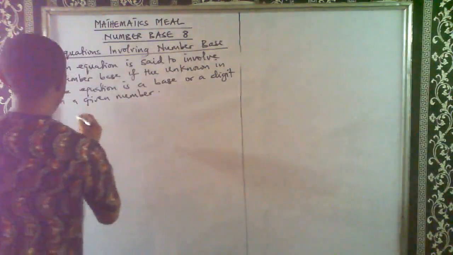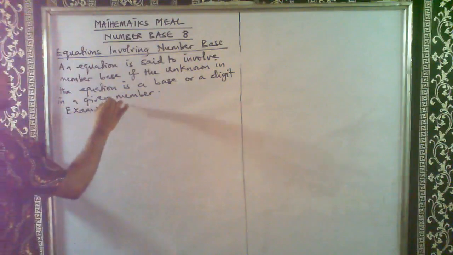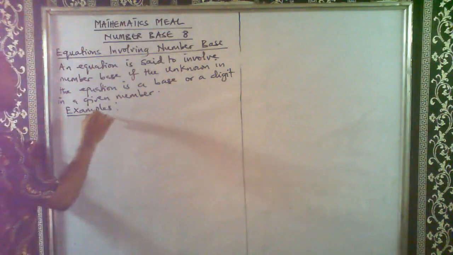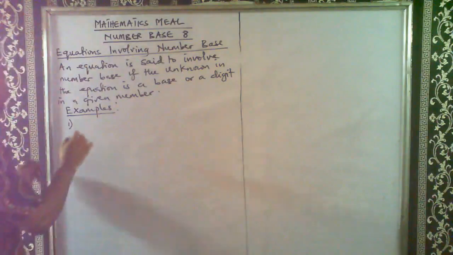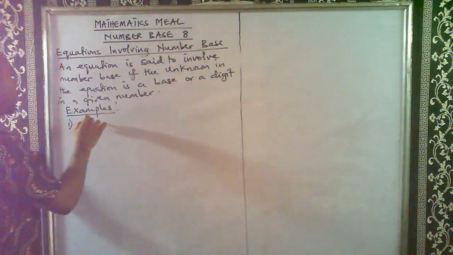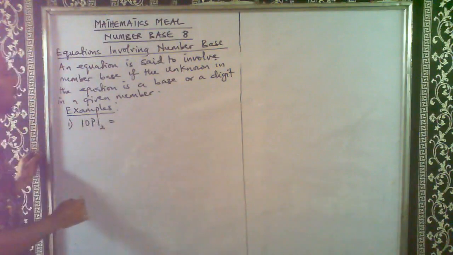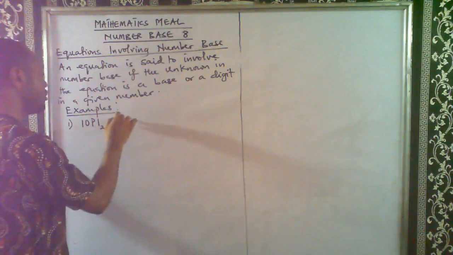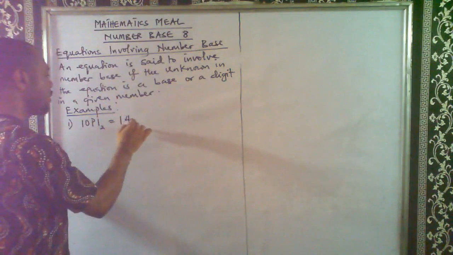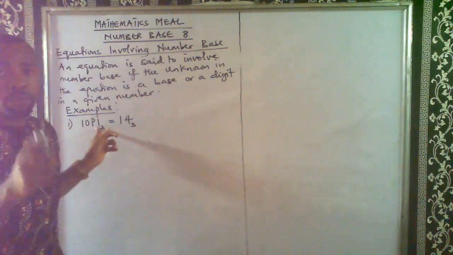So let's just give two examples. Example 1: I can have 10p1 in base 2 equals 14 in base 5. Now, this is an equation involving number base. Why?